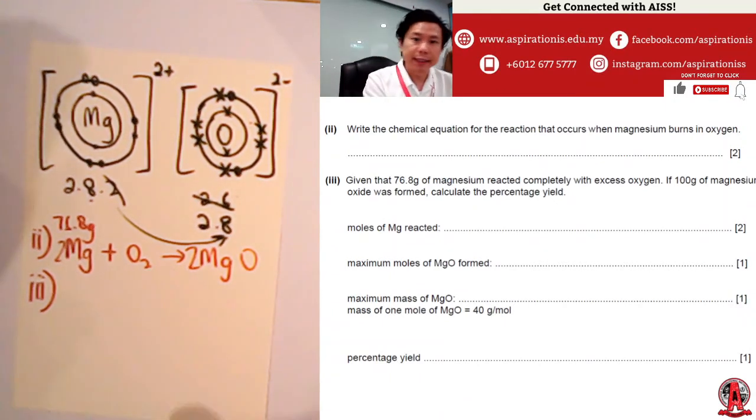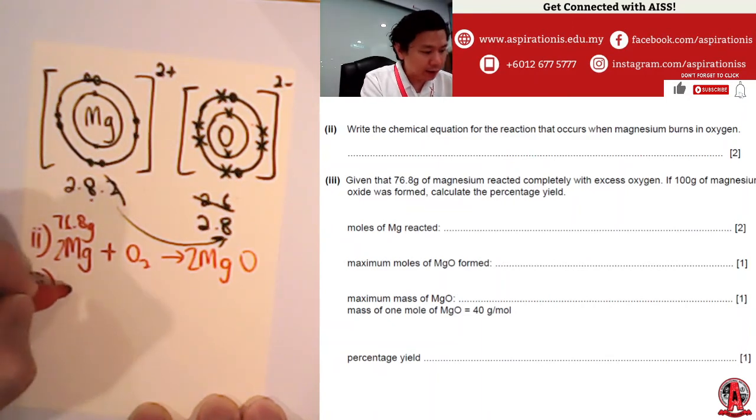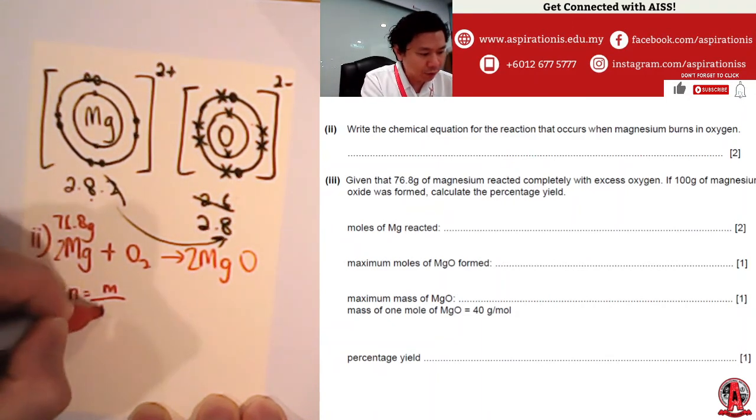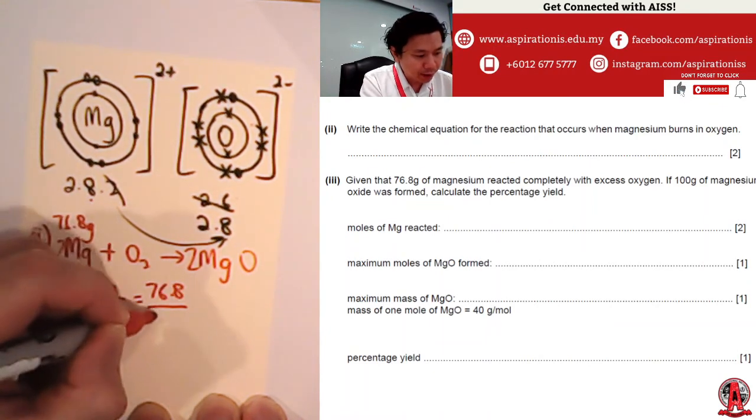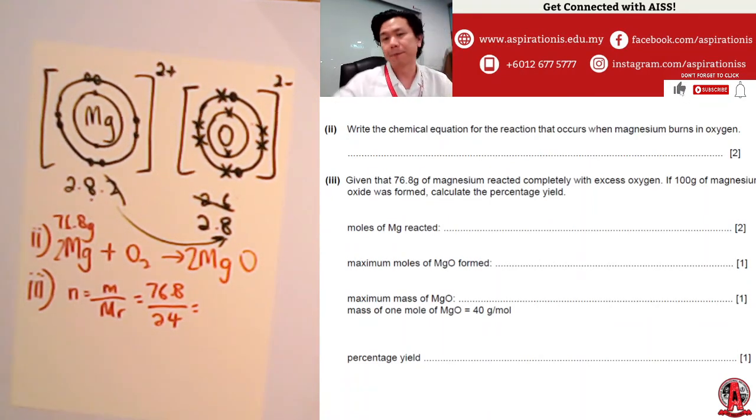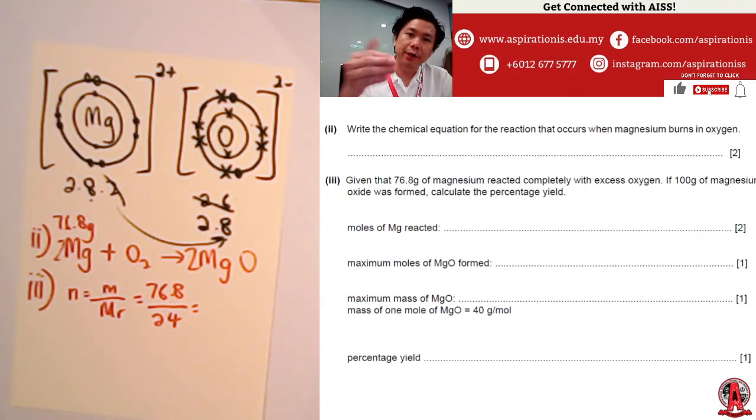So the moles of magnesium reacted, well, to do this question, moles equals mass over Mr, right? So it's 76.8 divided by 24. At any point, if you don't understand, do pin your thoughts down in the chat.